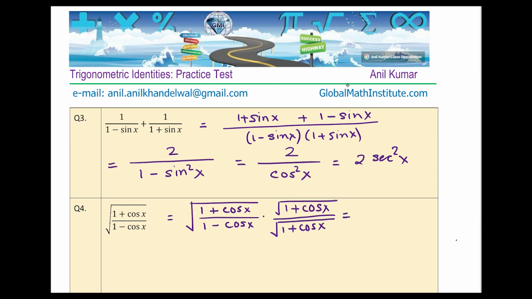So in the numerator, we get square root of 1 plus cos x whole square, which leads to 1 plus cos x. And in the denominator, we get 1 minus cos square x within square root.